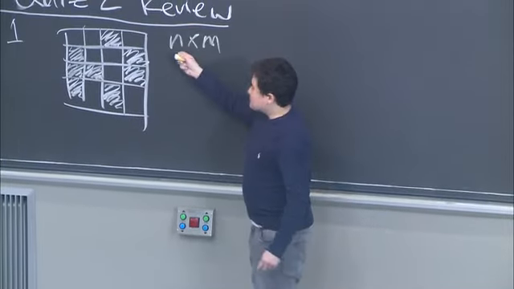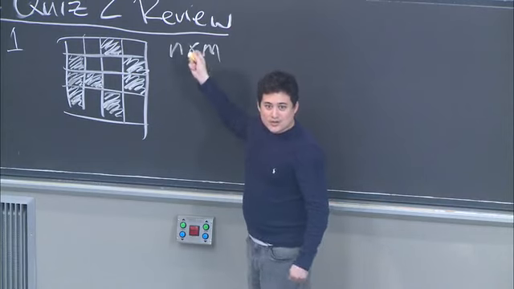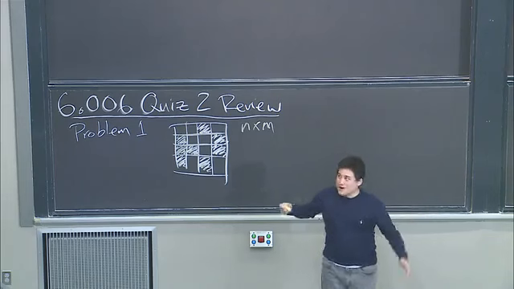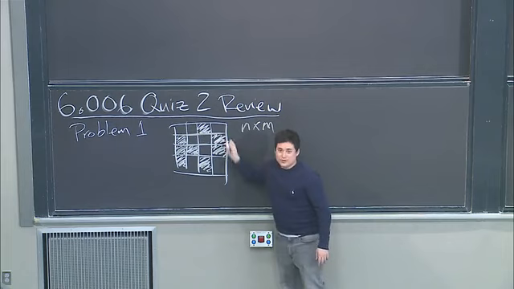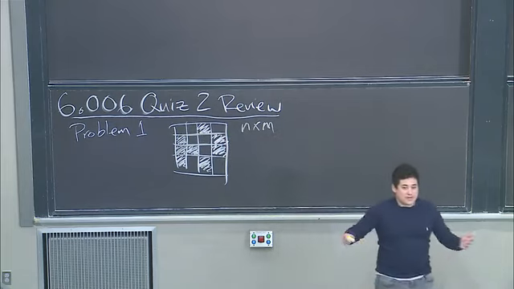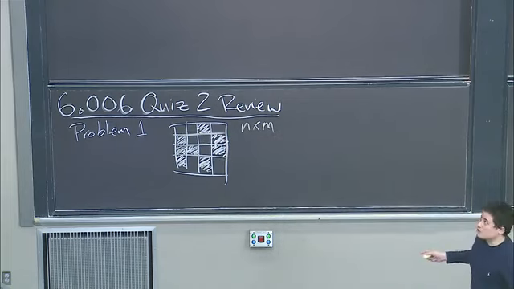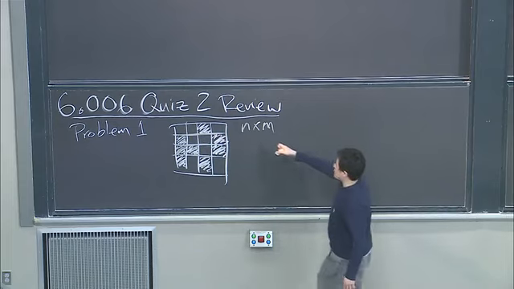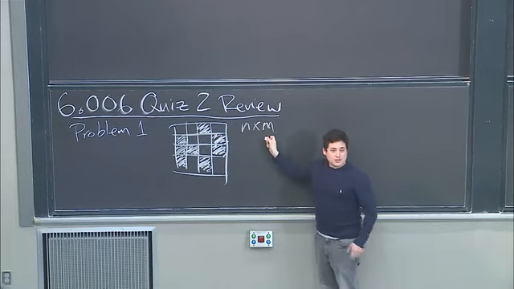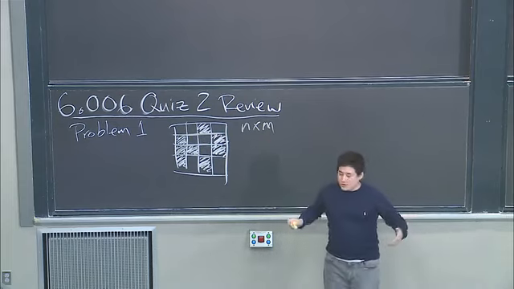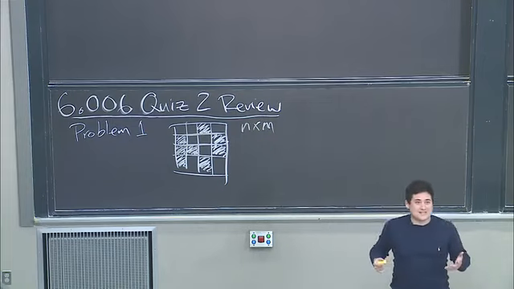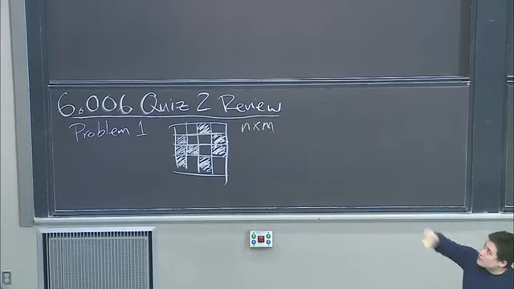So if I naively gave you the input with a word per one of these pixels, that would be the input size. So even though this looks quadratic, the actual input size is what we define as linear. And so we're looking for a linear time algorithm to count the number of blobs in the image.